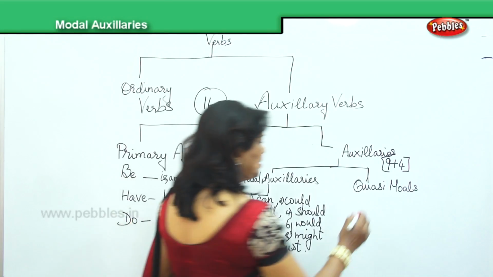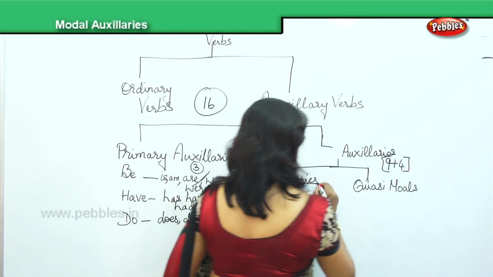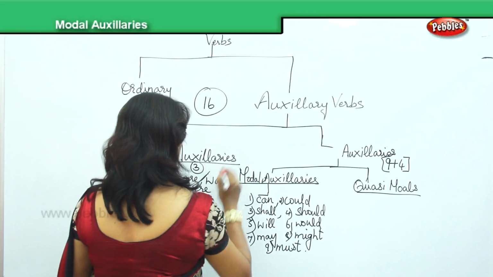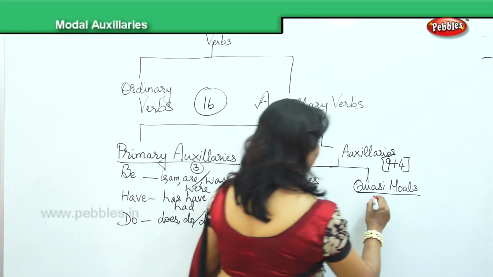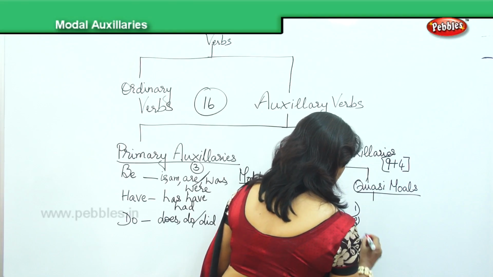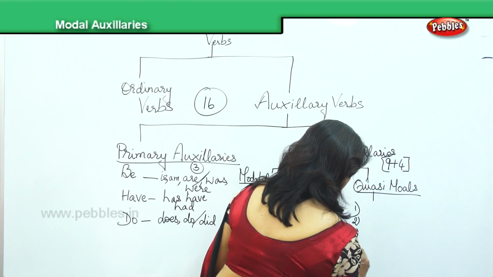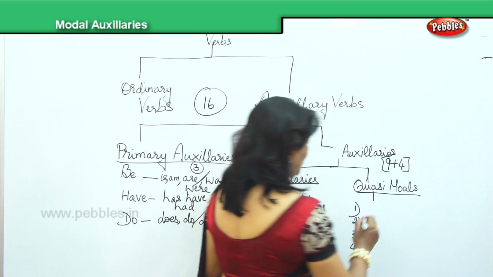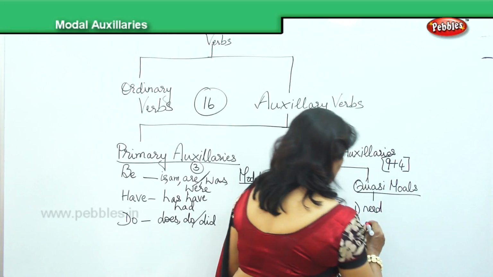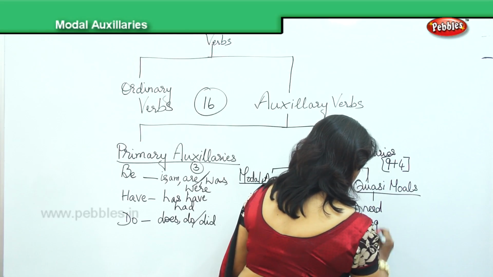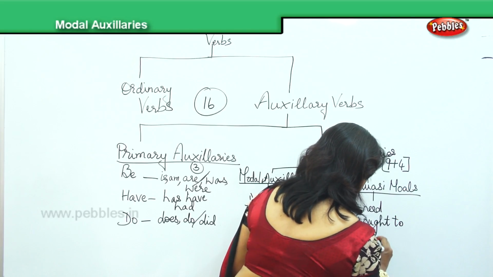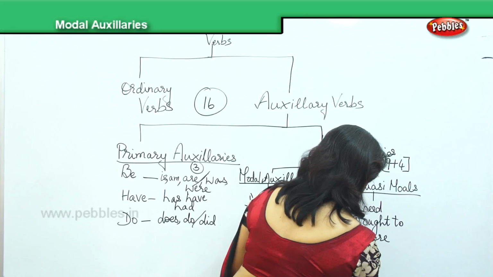And under quasi-modals, we have 4. The first one, need, ought to, dare, and used to.